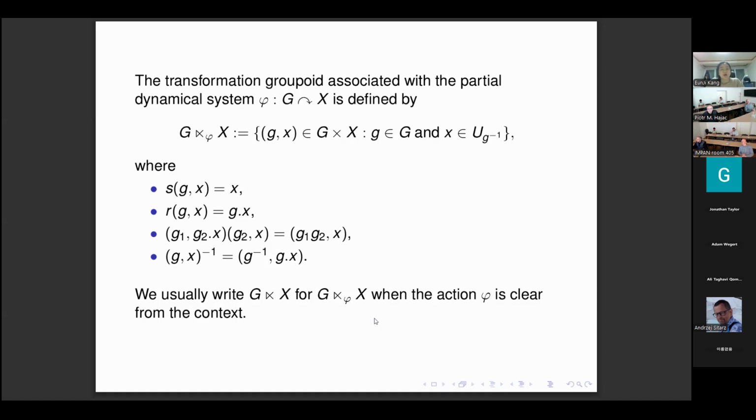Pseudogroup. They are related, but they're not exactly the same thing. It is the same thing, actually. In particular, it's a special case.